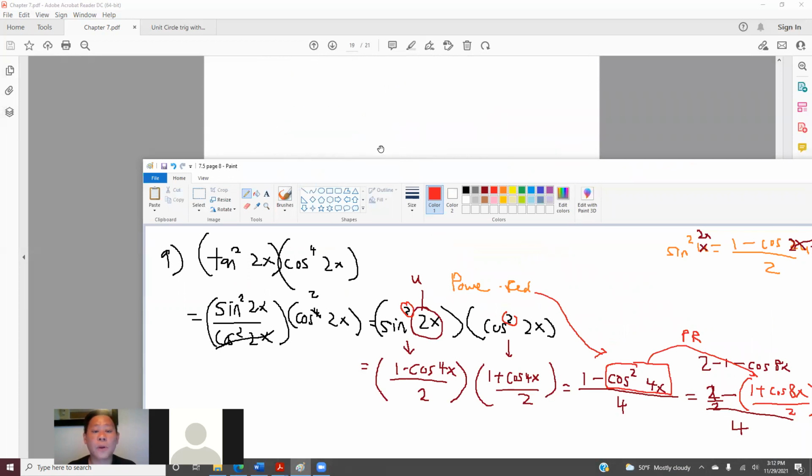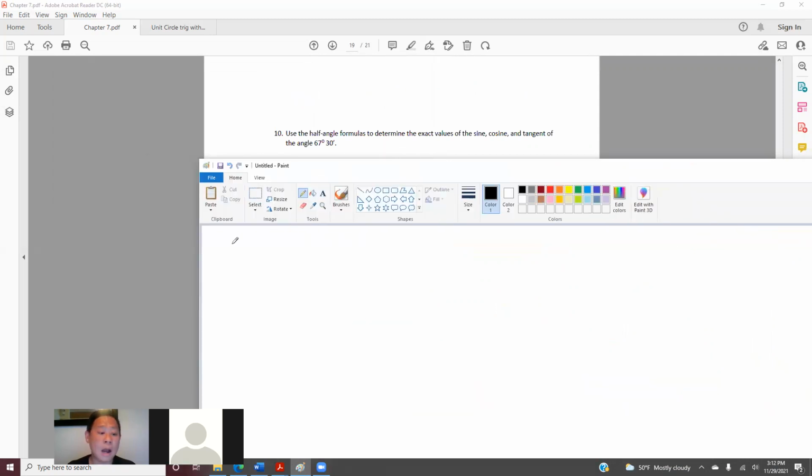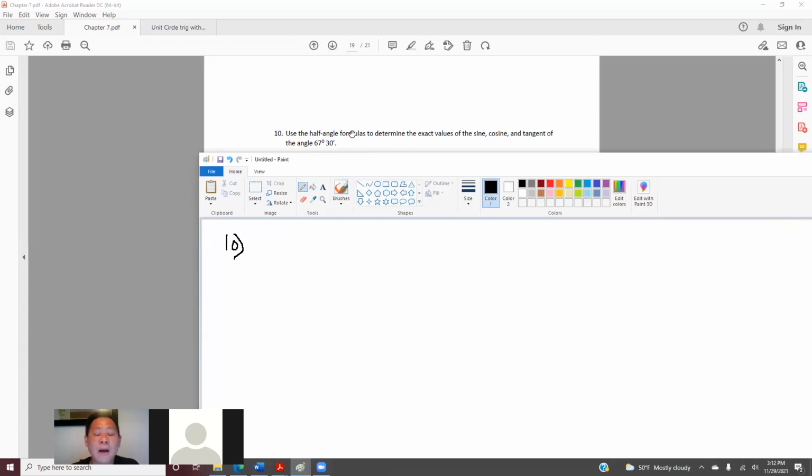Next, we will do half angle formula. So again, half angle formula is where you cut this by half. So you have to use the half angle formulas to find sine, cosine, tangent of angle 67 degrees and 30 minutes. So you have to find what is sine of 67.5 degrees, using the half angle formula.